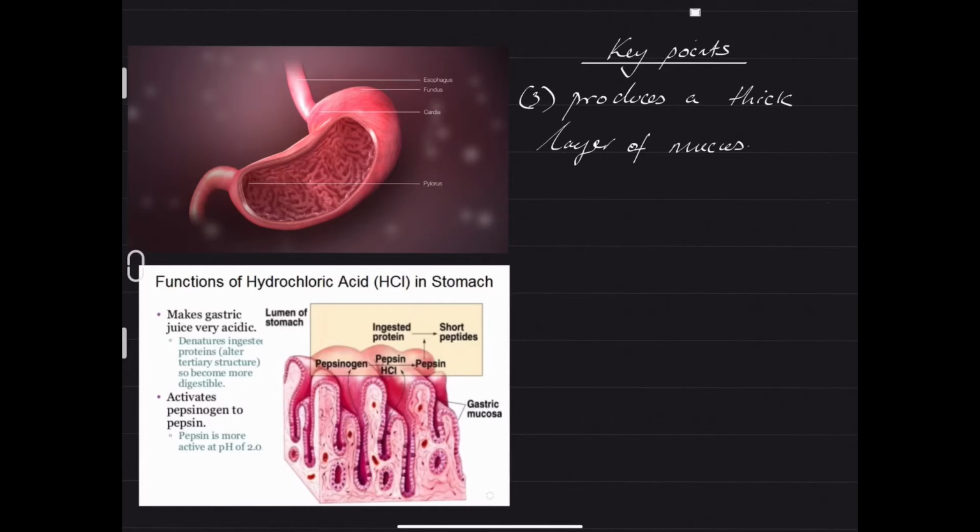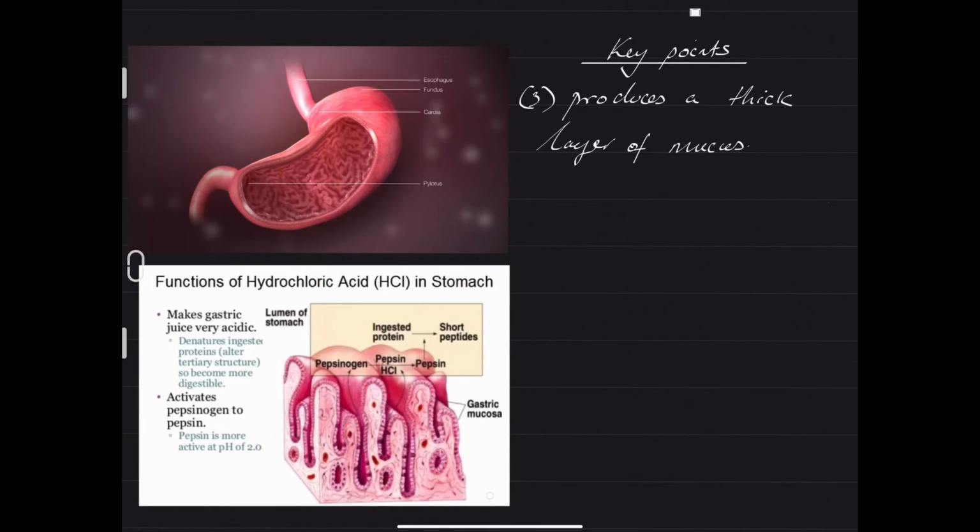And in addition to that, the hydrochloric acid, which is fairly concentrated, also, given the opportunity, would break down the stomach. However, this doesn't happen. This is all because of the thick layer of mucus that is secreted by the lining of the stomach.